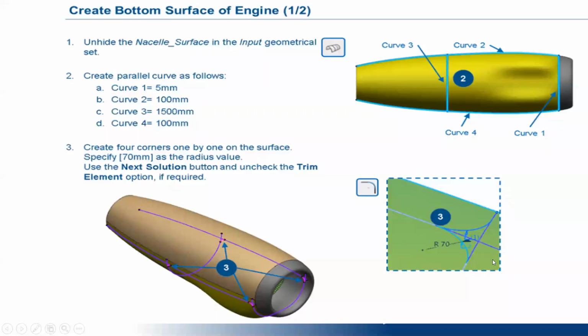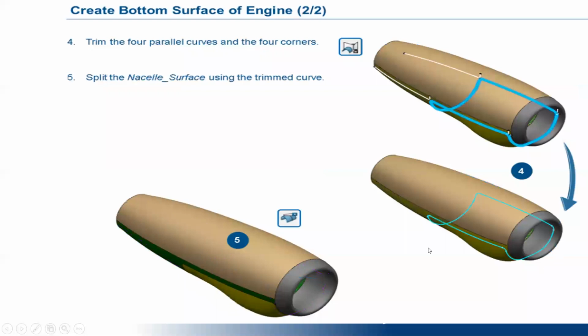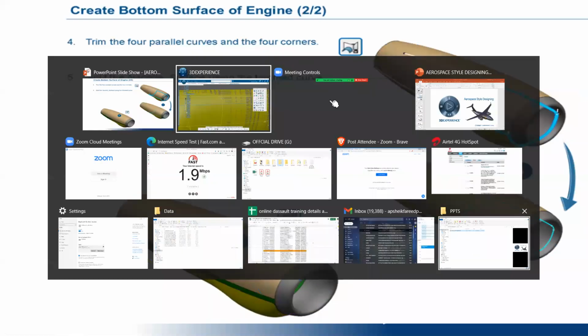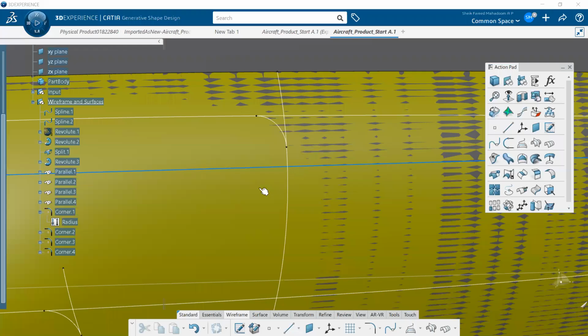We have to trim them to make the perfect curve like this. So let's go to the trimming option. Click on the trim. First, trim this curve with this curve.